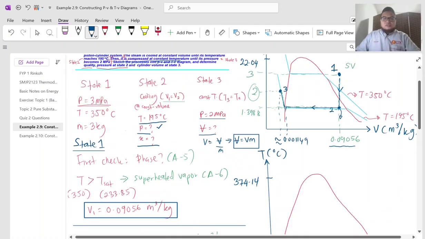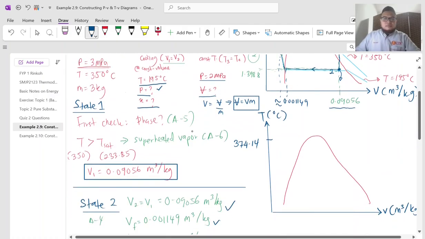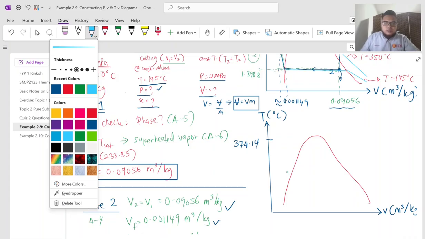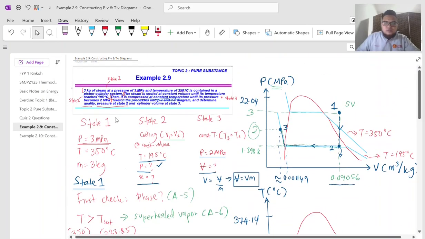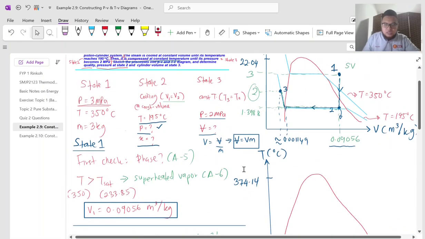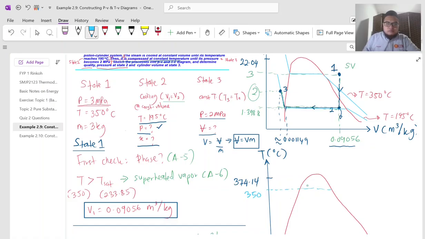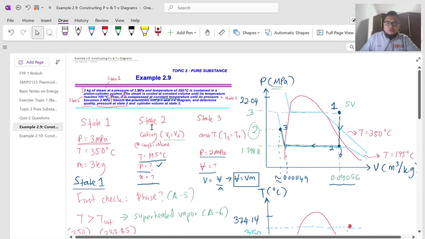The TV diagram is something similar, except that you have your isobar lines going up from the left. Let's start with 350 degrees Celsius, which is right below the critical point. So this is the 350 line. But this one is in the superheated vapor region, so it's somewhere here. Then we look at the PV diagram and try to map it to the TV diagram.